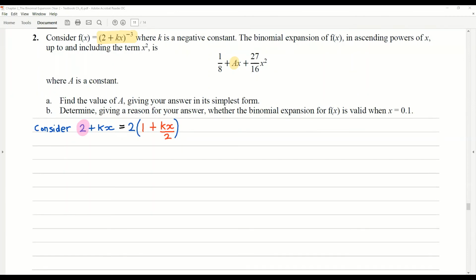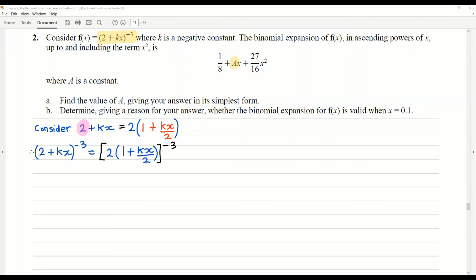Now, let's see what happens when we raise this to the power -3. Take our expression on the right-hand side and raise it all to the power -3. So I'm going to use big square brackets again for this. So 2, (1 + kx/2), close those big brackets, and I'm going to include the power -3.